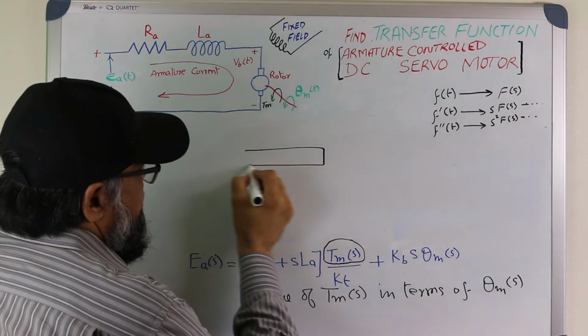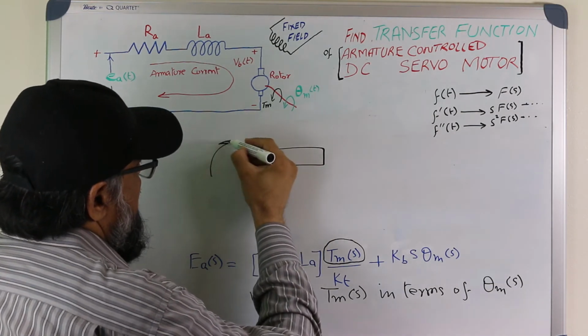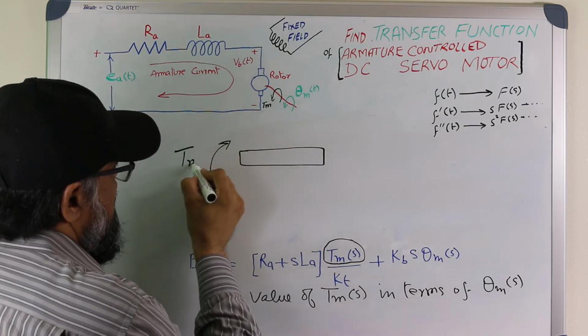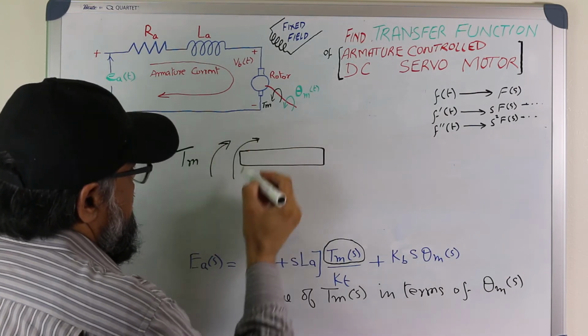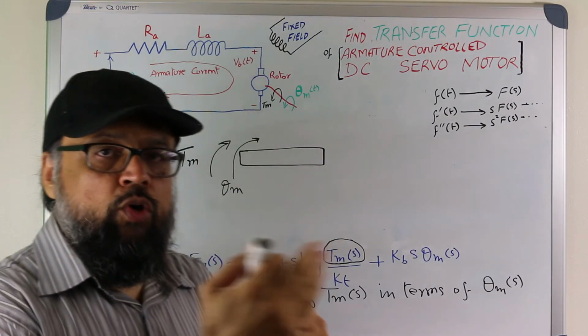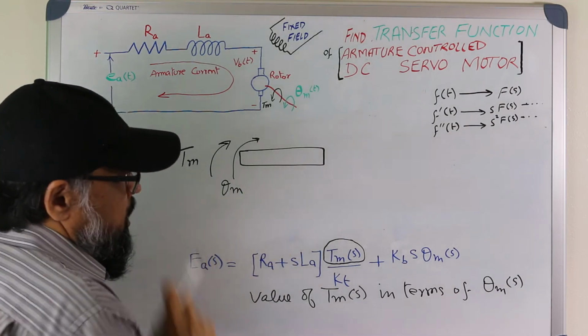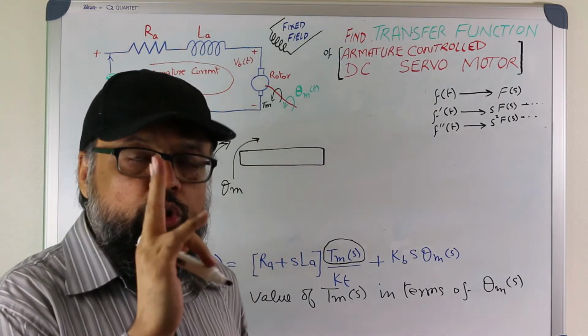Let's say this is the shaft of the motor and we apply a torque and it will go to a position. Now this torque has two jobs.